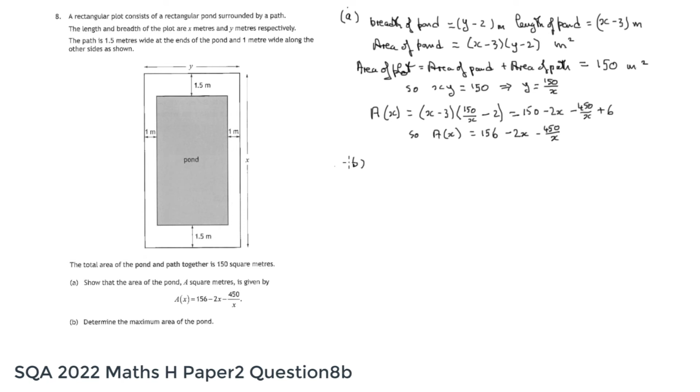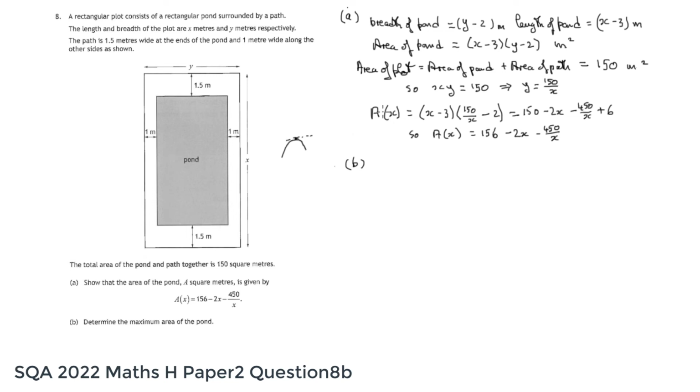Let's have a look at part B. We're now asked to determine the maximum area of the pond. So if we were to show a graph of the area which depends on x, to get a maximum area we'd be looking at a graph where it would come up to some sort of turning point. In other words, a stationary point in the graph of y equals A of x.